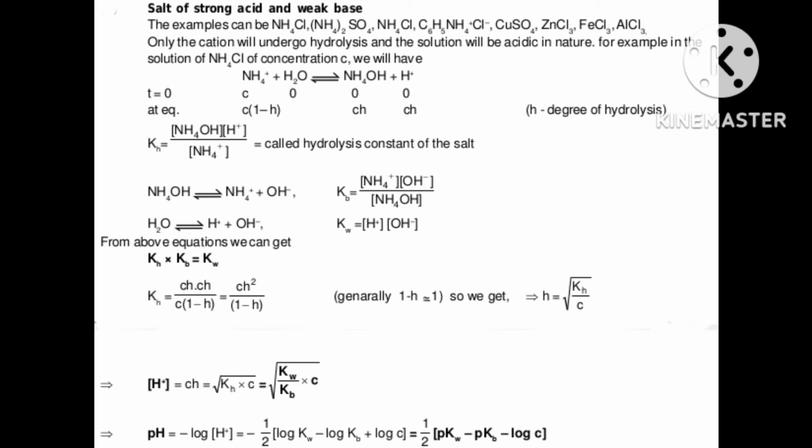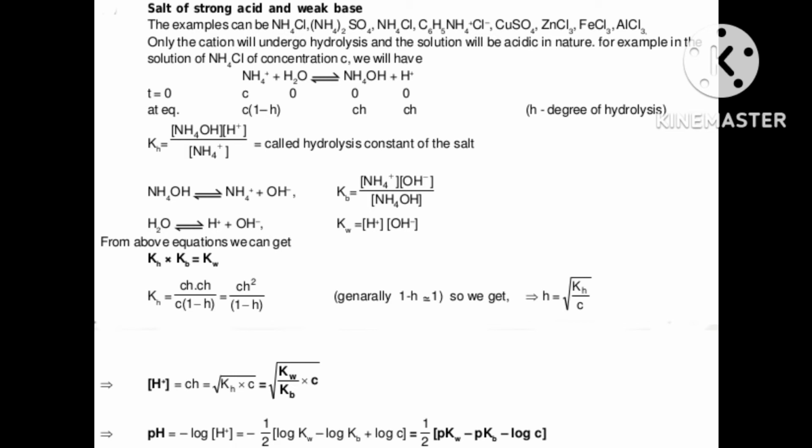Now what will be the concentration of OH ion? Suppose alpha is dissociated, that is, out of 0.05 M, alpha mole is dissociated. Then alpha mole of hydroxyl ion will be formed, and alpha mole of ammonium ion also will be formed.